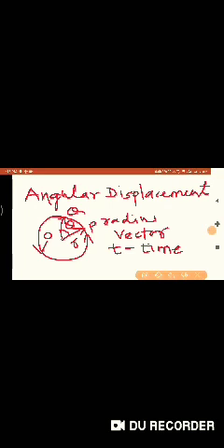Thus we define the angular displacement as the angle described by the radius vector in a given time at the center of the circle.